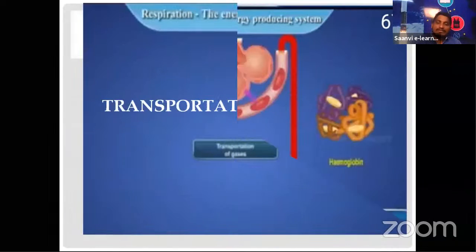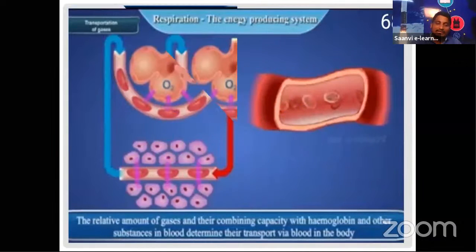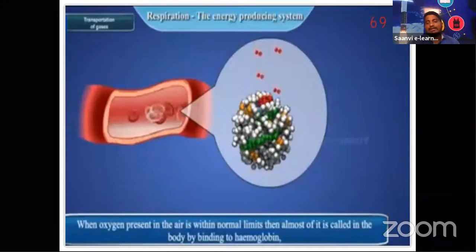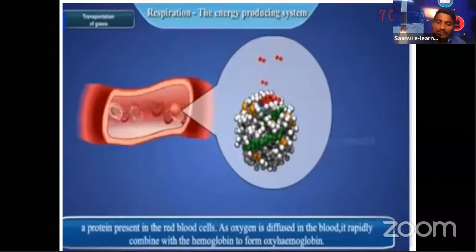Next, transportation of gases. The amount of gases and their combining capacity with hemoglobin and other substances in blood determine the transport via blood in the body. Oxygen present in the air is transported in the body mostly by binding to hemoglobin, as we discussed.